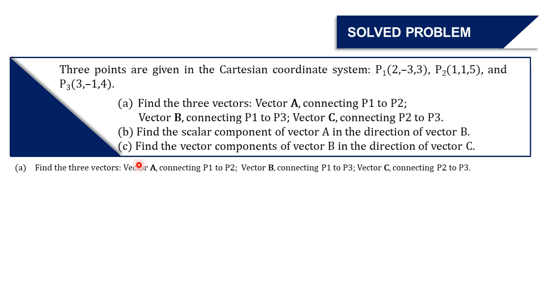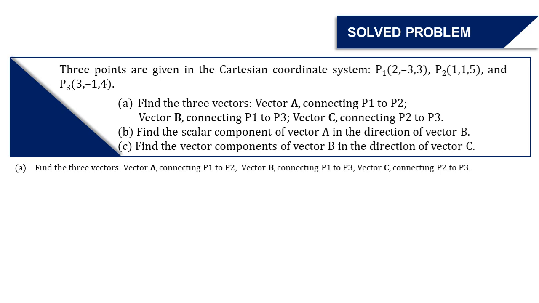We are also to find the vector component of vector B in the direction of vector C. Likewise, with the scalar product or maybe the cross product, we have already solved problems like this.